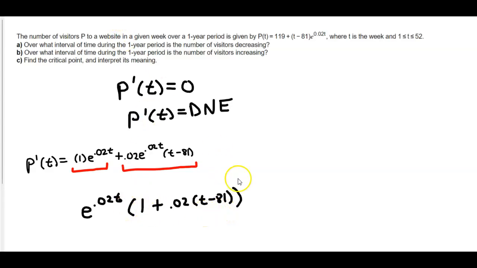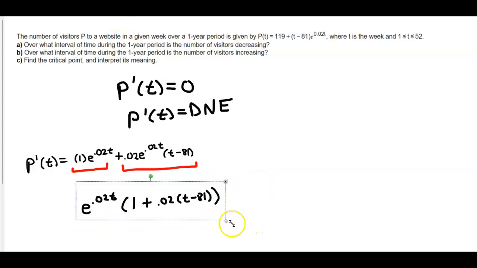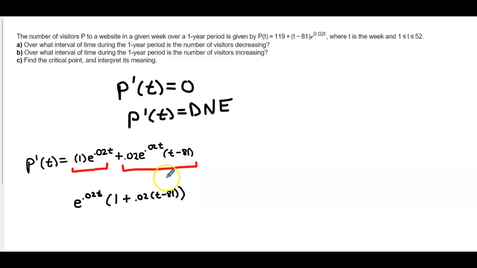Next up, we can look to simplify by combining like terms. If we were to distribute this 0.02 into this binomial factor, we'd have 0.02t. And then 0.02 times 81 should be, let's see, negative 1.62. We got the 1 out front, so now we can combine the 1 and the negative 1.62.